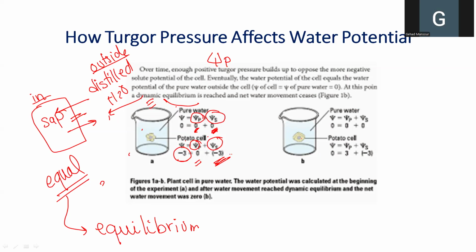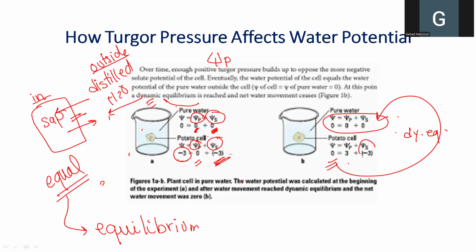And then over time, what happens? Over time, the pure water potential stays as it is, 0, but the potato cell water potential becomes also 0. So we reach a state of dynamic equilibrium.